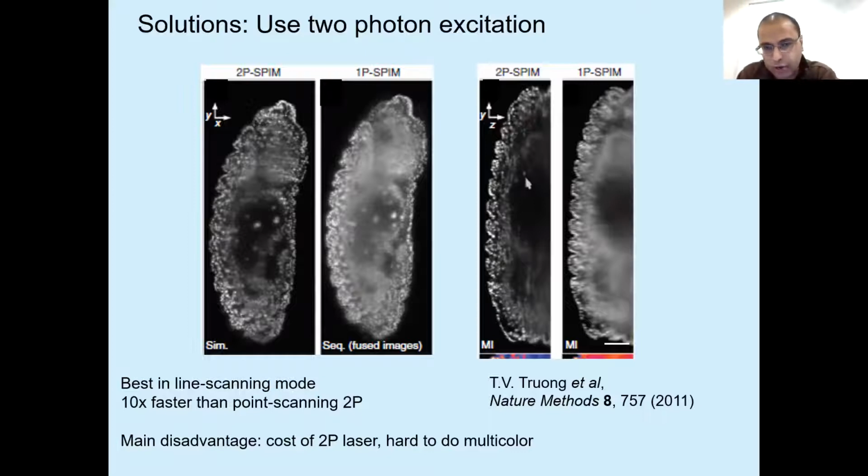Even if it does scatter, you're less likely to drive spurious fluorescence because of the two-photon effect. The disadvantage is you have to be wealthy; you need to afford a two-photon laser. It can also be harder to do multicolor imaging with two-photon illumination, because you need to rely on fluorophores that have good cross-section and different emission. That can be a challenge, but this does work.